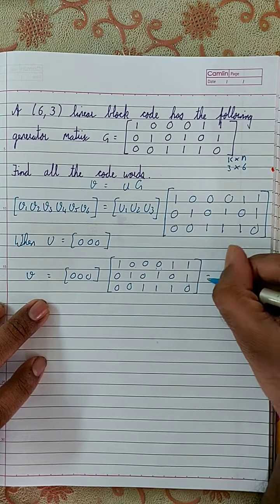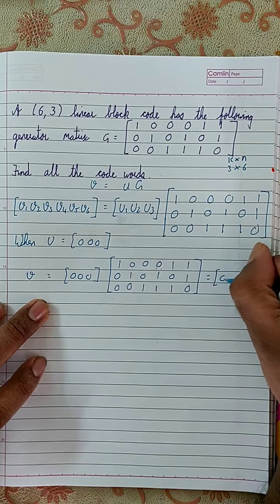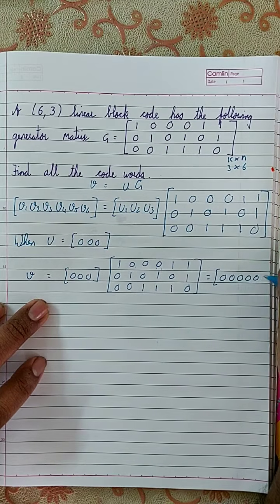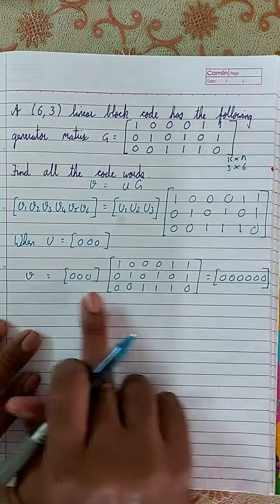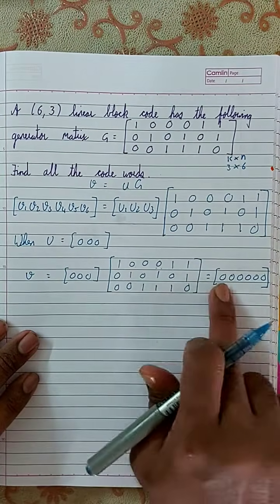And what you get is 000000. This is the first code word. Just simply multiply all this, you will get this code word.